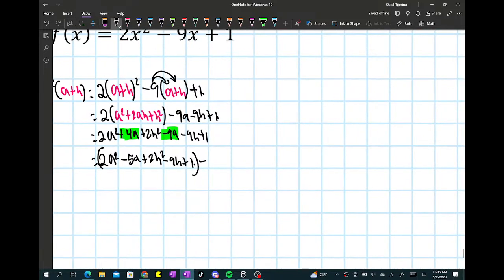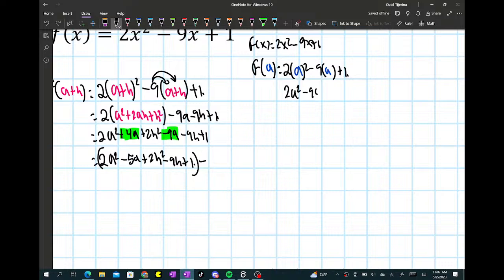Now f of a itself, we know f of x was 2x squared minus 9x plus 1. f of a is really going to be 2 times a quantity squared, minus 9 times a plus 1, which is equal to 2a squared minus 9a plus 1. This is going to be minus, and we're going to do parentheses or brackets like this because we're going to have to distribute that later.